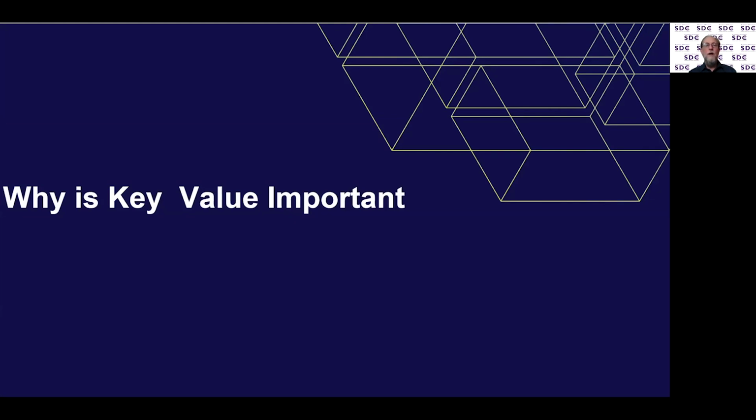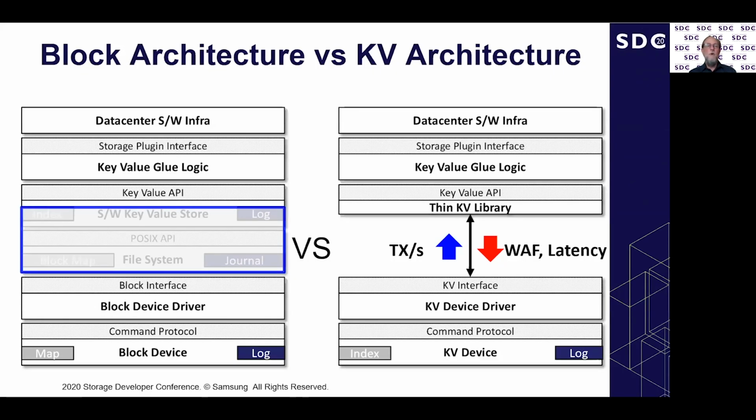So next, let's talk about why key value is important. I'd like to start by talking about a block architecture versus a key value architecture for storing data center data. In a block architecture, your data center software infrastructure goes through some key value glue logic into a key value API, but then you have to do a software key value store where you map that key to a block storage, and you typically will be doing that through some sort of a file system.